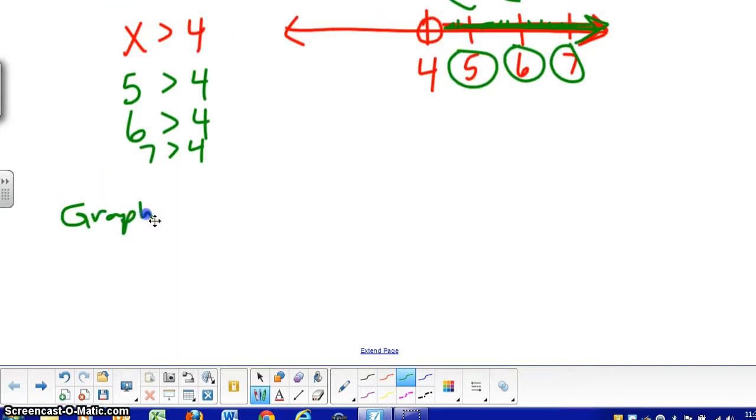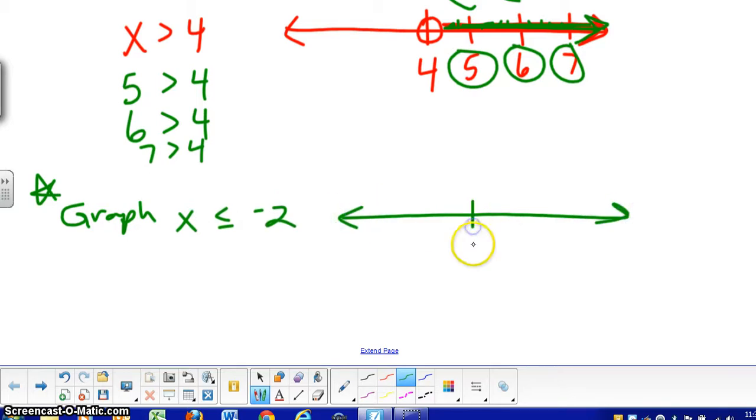For the next one, when you're graphing less than or equal to, x is less than or equal to, let's say, negative 2. And you have your graph at negative 2. It's now going to be a closed dot because that bar underneath means that the number is included in the graph. Okay, so then less than represents everything smaller than the negative 2.